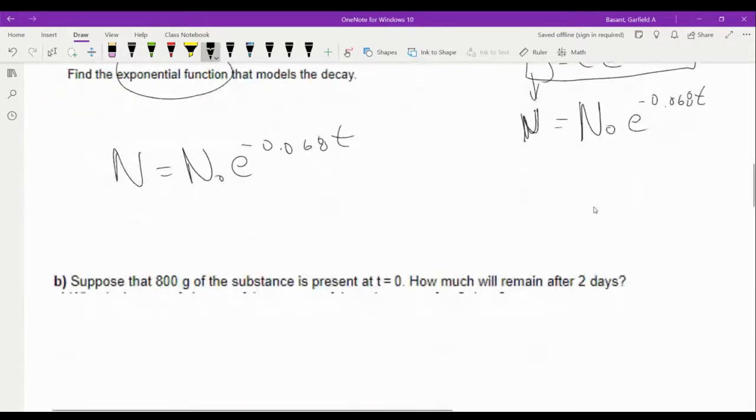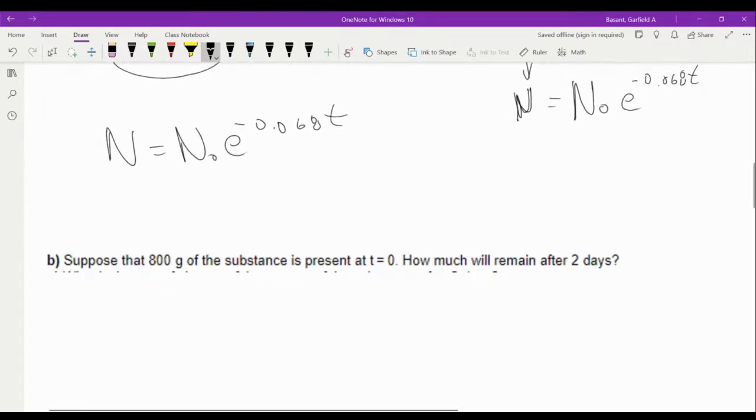Now let's go to part B. Suppose that 800 grams of a substance is present at t equals 0. How much will remain after 2 days? All right, so where is this 800 going now? There you go. So this is the initial amount. And how do we know that?